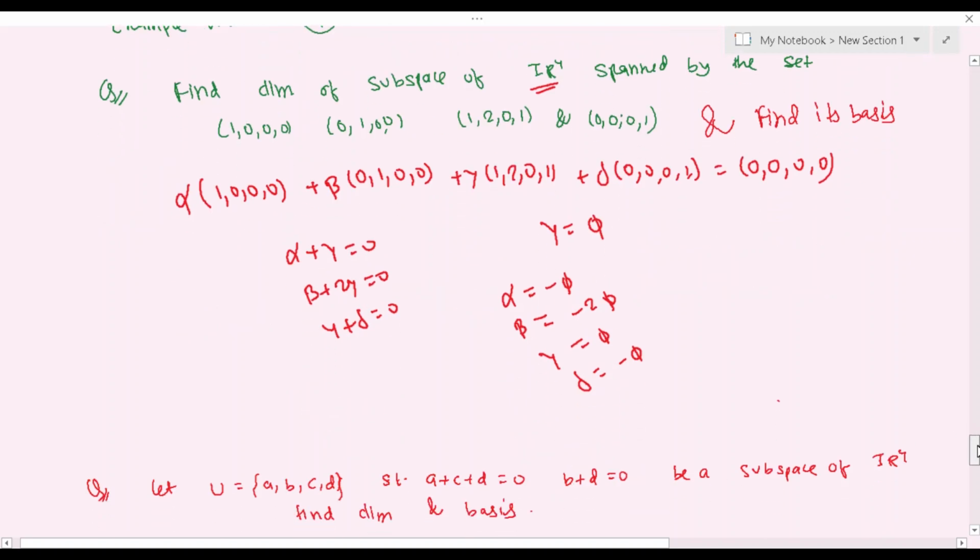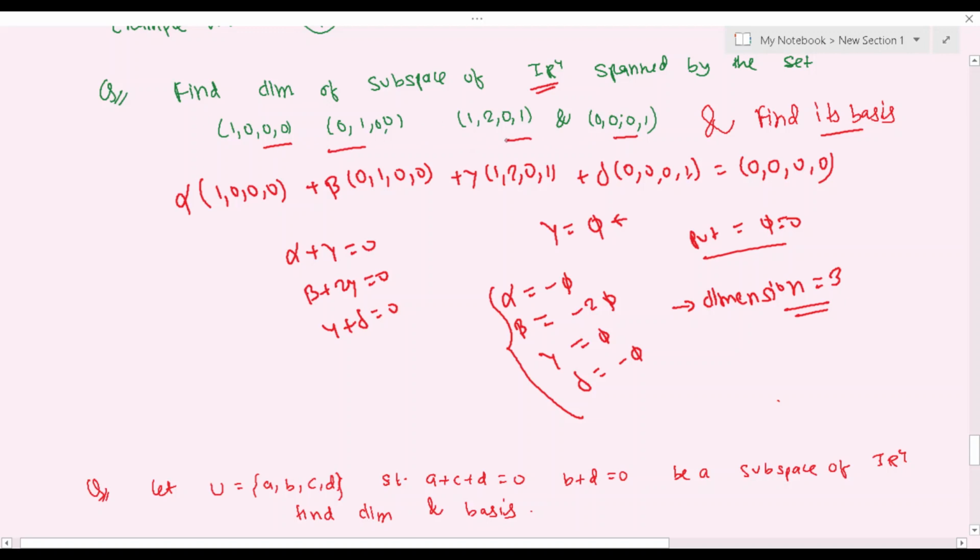So what we see here is if we put the value of phi as 0, then alpha, beta, gamma and delta all become 0. By putting 1, the remaining ones are nonzero. So its dimension is basically 3, and since its dimension is 3, its basis can be any 3 vectors.